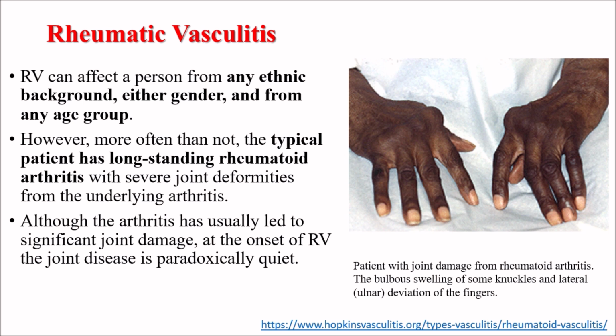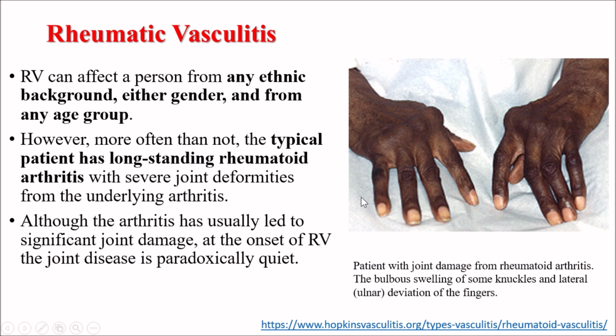Rheumatic vasculitis can affect a person from any ethnic background, either gender, and any age group. However, more often than not, the typical patient has long-standing rheumatoid arthritis with severe joint deformities from the underlying arthritis.